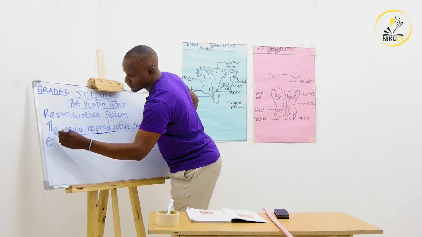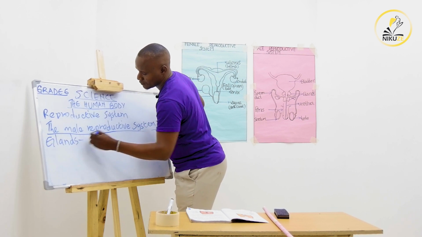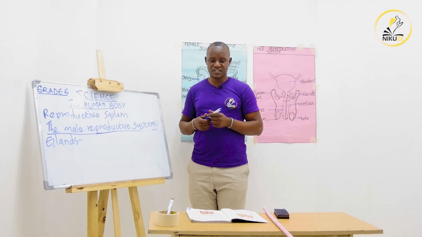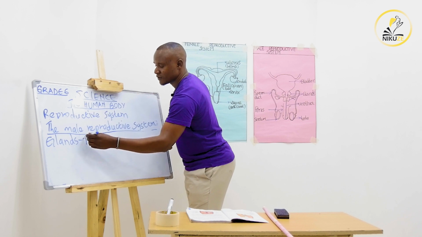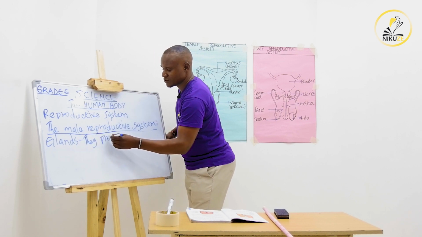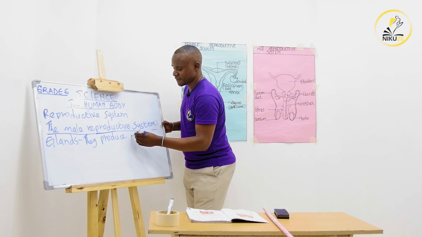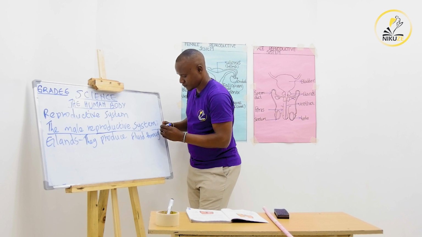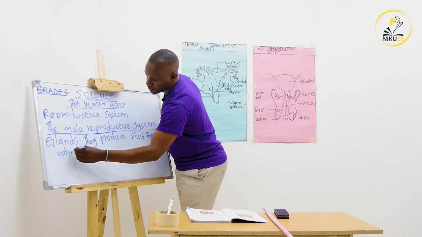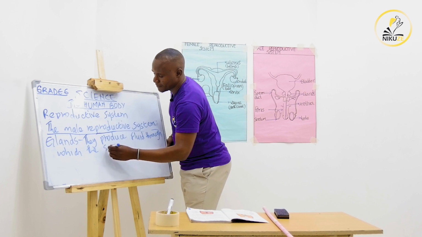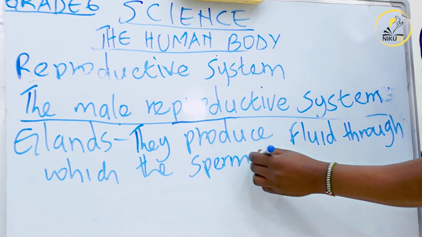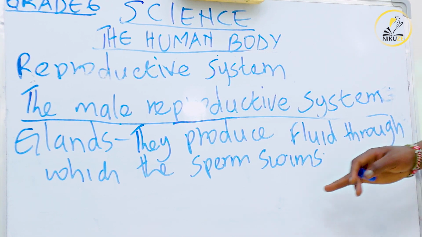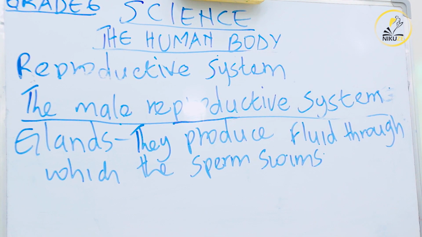The glands produce fluid through which the sperm swims. So that is the role played by the glands.